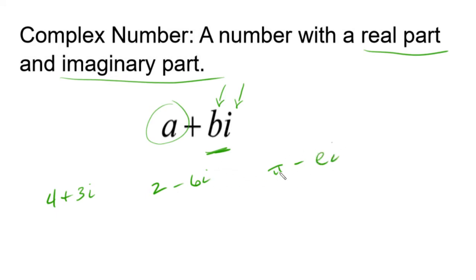Well, that seems like, well, that's not cool. But pi is a real number, and e is a real number, right? That's around 2.7 and around 3.14, right? But they're both real numbers. They're mathematical constants. So these are all complex numbers, right?